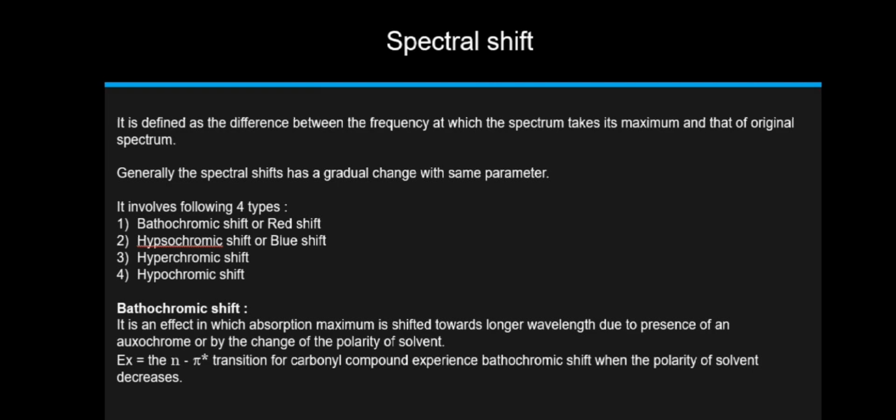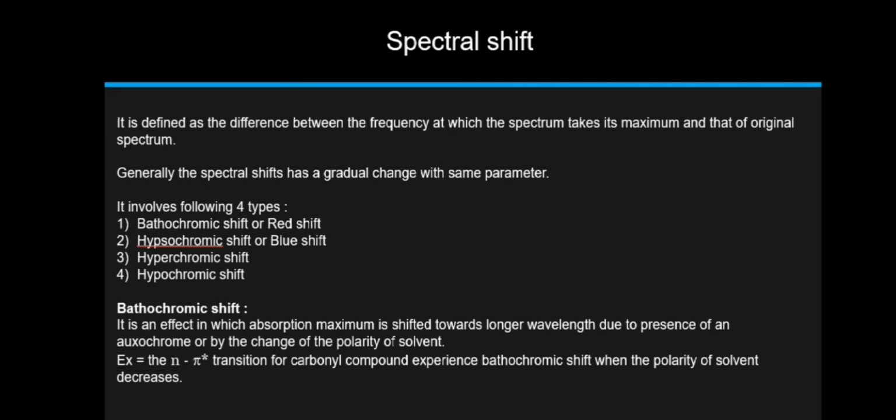Generally, the spectral shift has a gradual change with the same parameters. It involves the following four types. First, bathochromic shift, which is also known as red shift. Second, hypsochromic shift, also known as blue shift. Third, hyperchromic shift, and fourth, hypochromic shift.